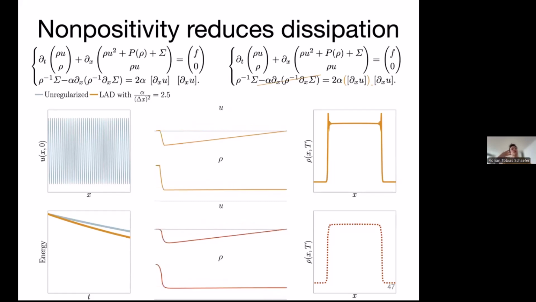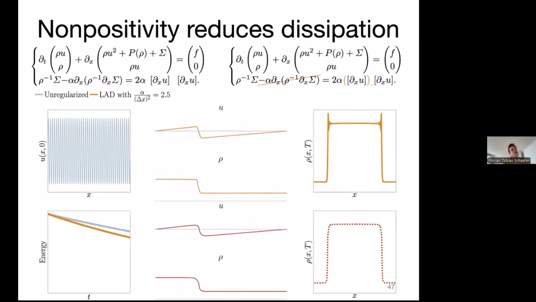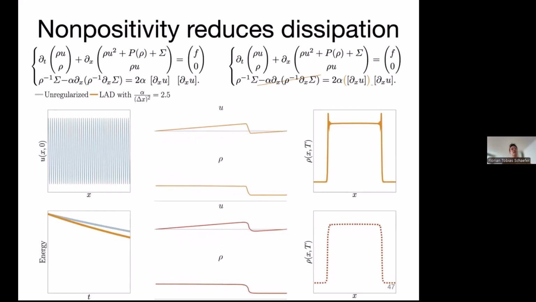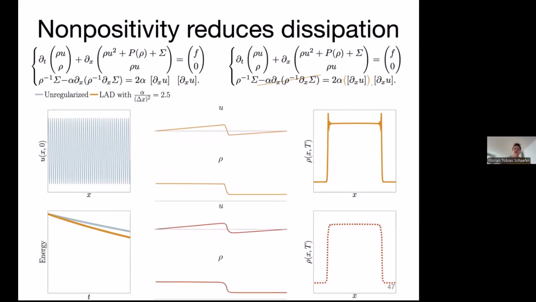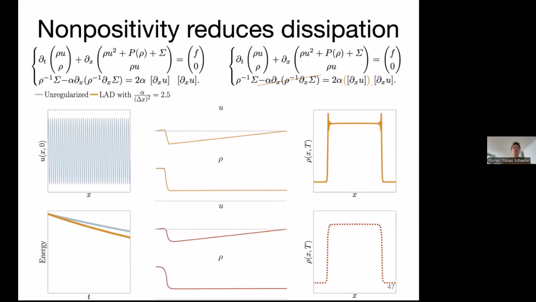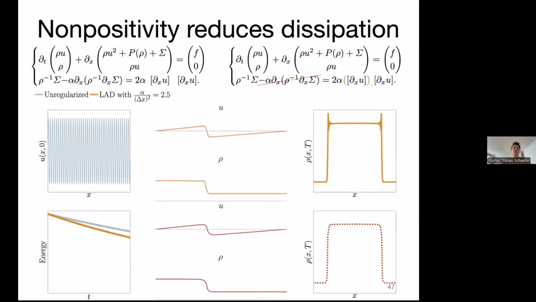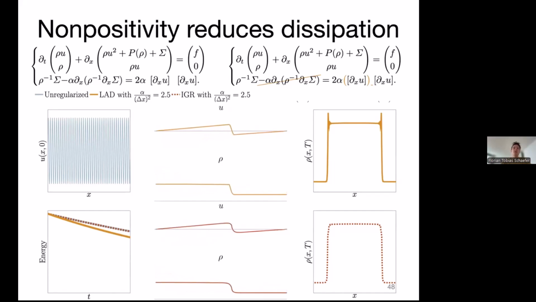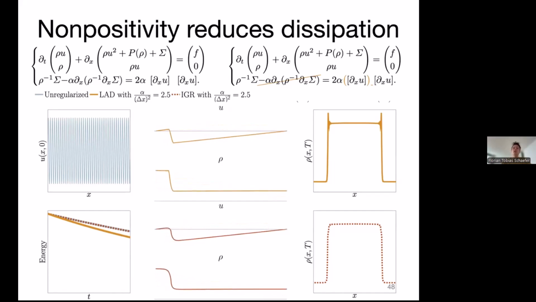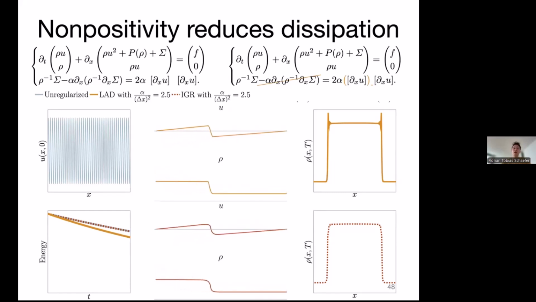And that systematically creates an excessive amount of dissipation of energy, a systematic loss of energy compared to the underlying numerical method. Whereas if you use IGR with the same parameter as we've seen before, we do not see this smoothing out of these oscillatory profiles.